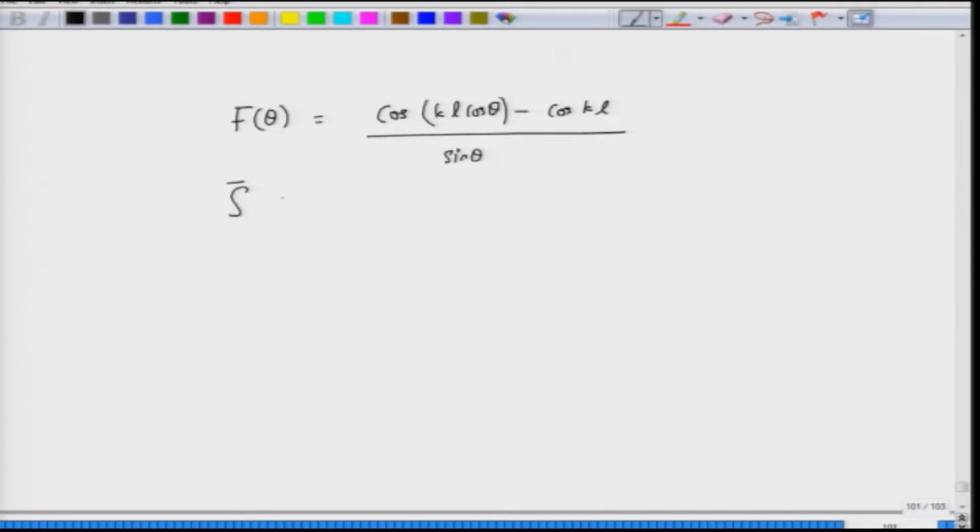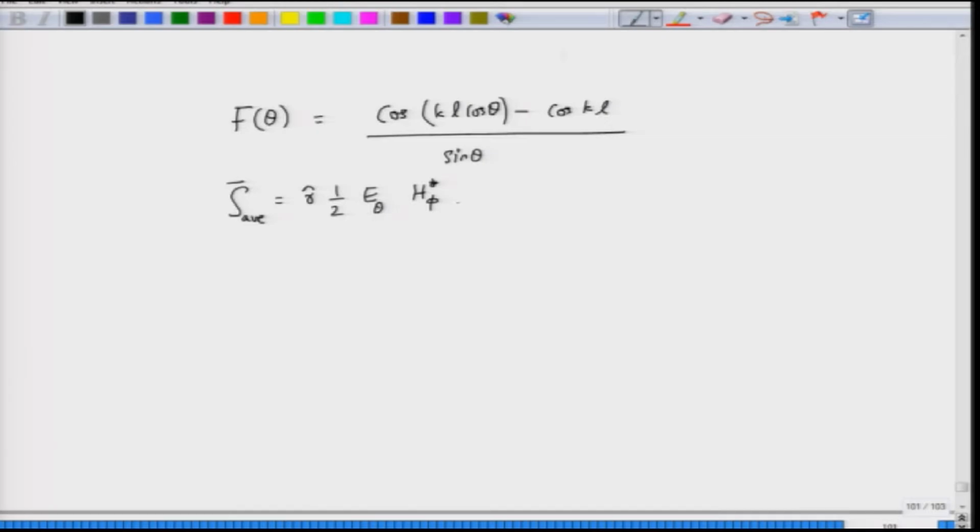Of course, the average Poynting vector can be obtained by evaluating half of E cross H conjugate, and because I know that E is along theta and H is along phi, if you simply multiply these two, and recognize that, sorry, this has to be R not Z, the average power density or the Poynting vector would be pointing in the radial direction.